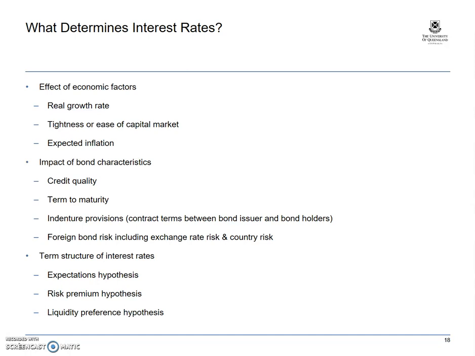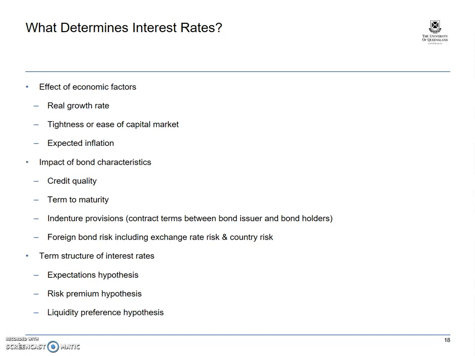That's going to impact our nominal rates, because all of the interest rates that we're looking at in finance are nominal interest rates. So we need to understand what's the real rate of interest and what's the expected inflation, because that will then affect nominal interest rates.